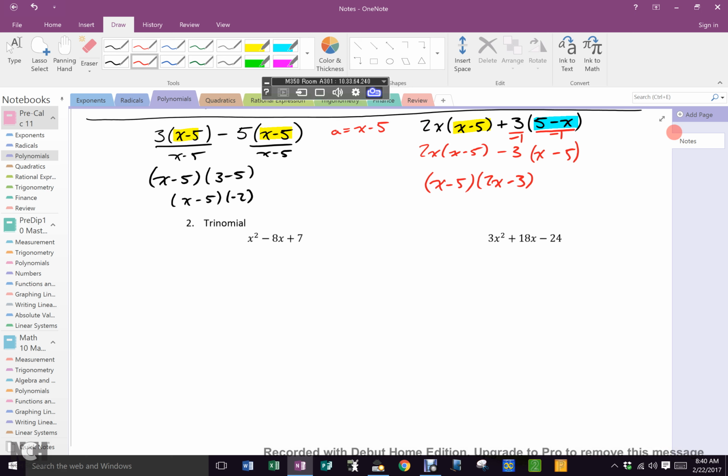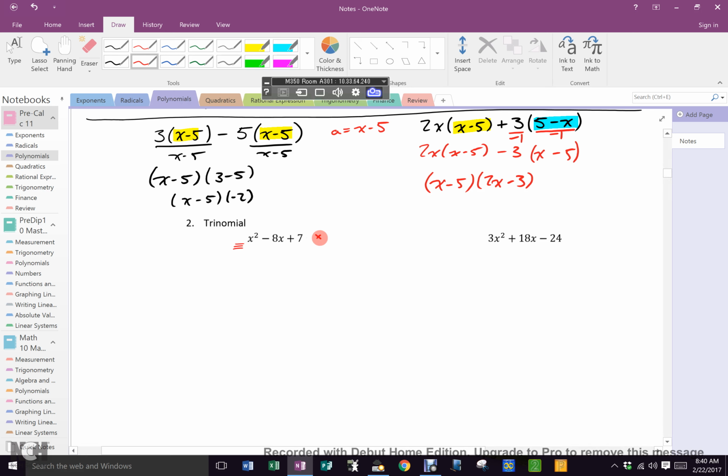Trinomials. First one, you already know how to do it. It's the reverse of distribution. Since there is no leading coefficient, we know that when I distributed this, there's a shortcut. The shortcut is you add the 2, then you multiply the 2, right? So here you go backwards.